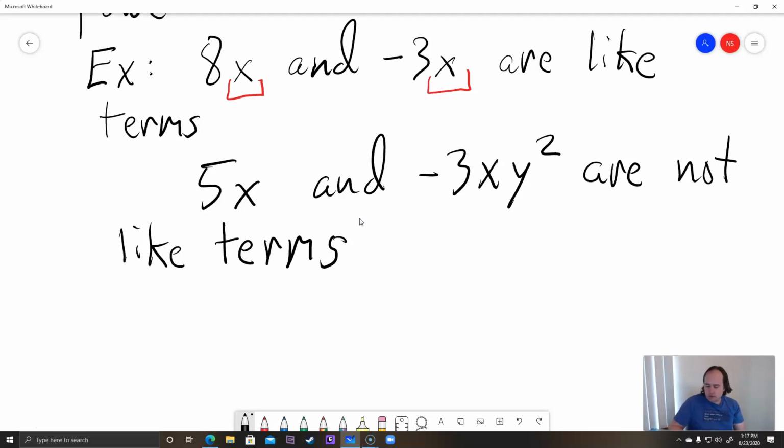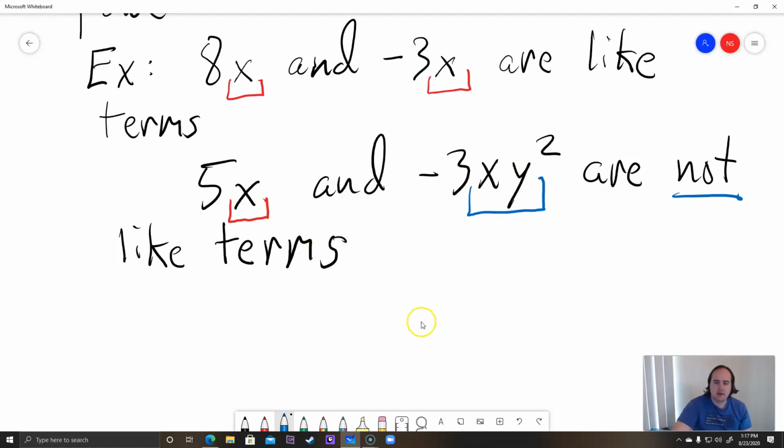Well, looking at the variable, the first term has just an x, whereas the second term has an x and a y squared. So these are not like terms because even though they have x with both terms, the second term actually has a y squared. So they don't have exactly the same variables raised to exactly the same powers, since this one has a y squared. So those are not like terms.